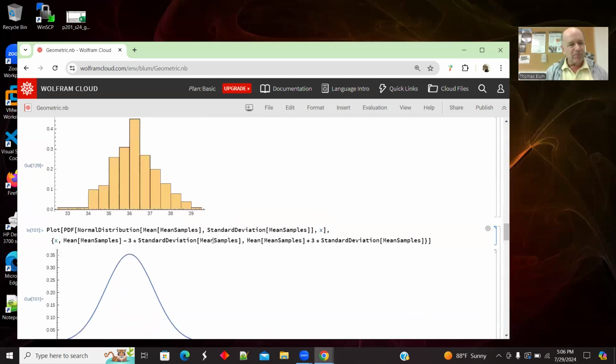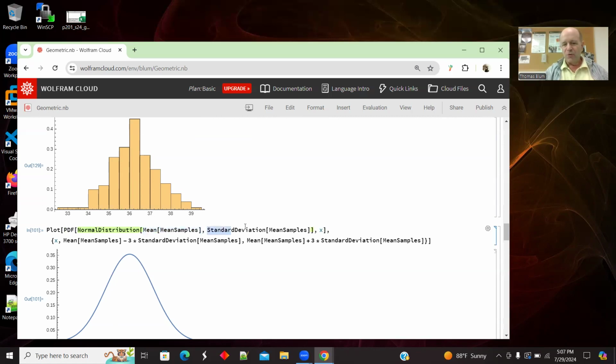So down here, I'm going to plot a normal distribution. A normal distribution has two parameters, the mean and the standard deviation. The first parameter is the mean, and I'm going to give it the mean of the mean samples.